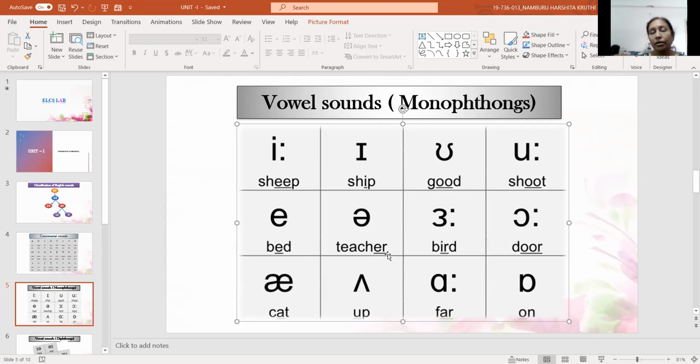That is because in British English, the standard Southern British English, R is not pronounced, or it can be pronounced before vowel sounds when it appears in a sentence. Next, we have bird, door.